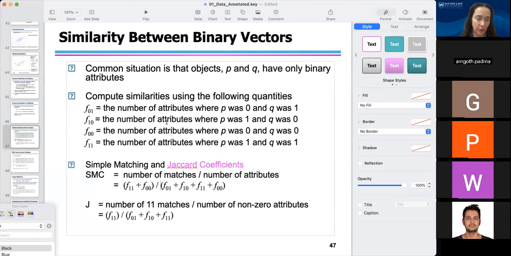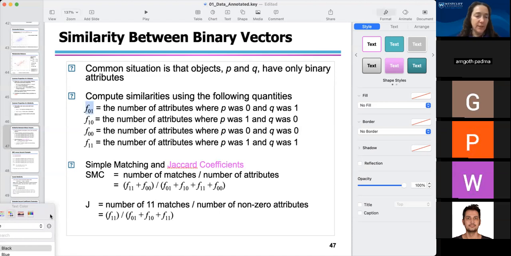The value can be either 0 or 1. So we have 4 possible combinations of two values, which can be either 0 or 1. We can have 0, 1, 1, 0, 0, 0, or 1, 1. These are all the possible combinations.